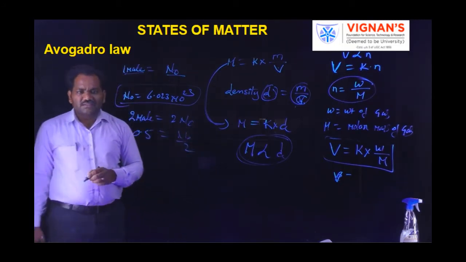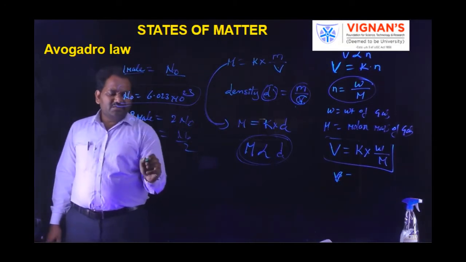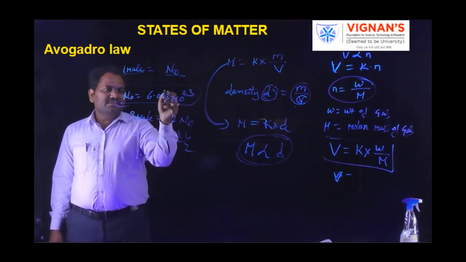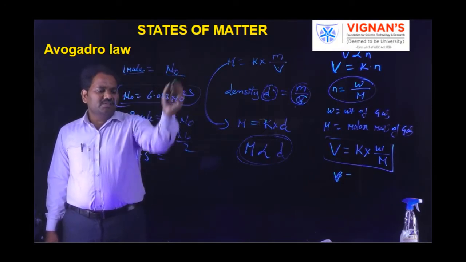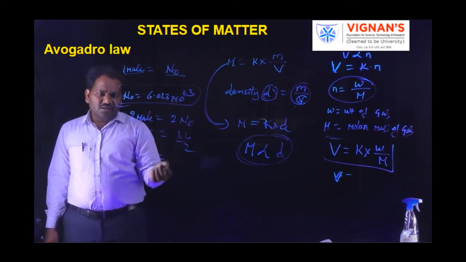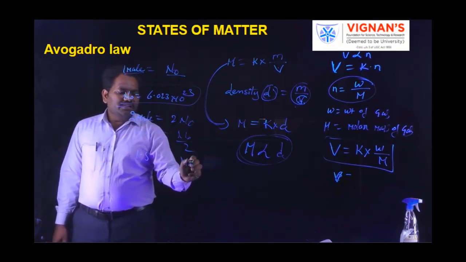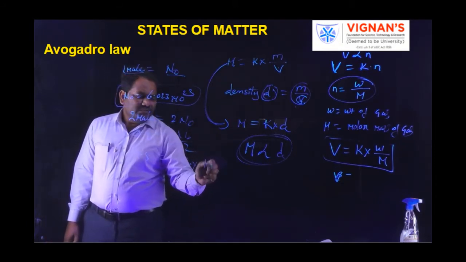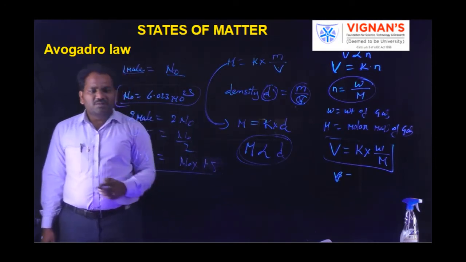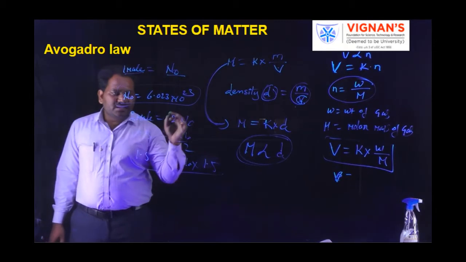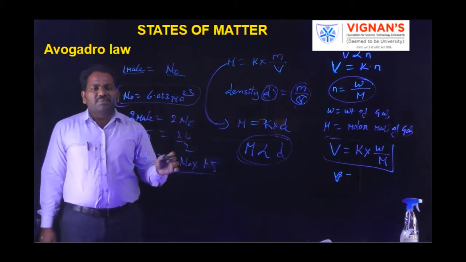If 1 mole means N naught gas molecules, 1.5 moles means N naught into 1.5.